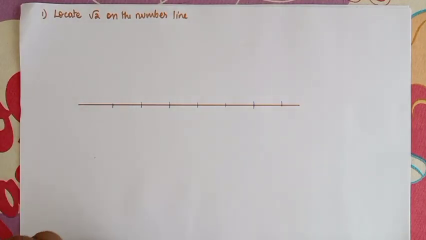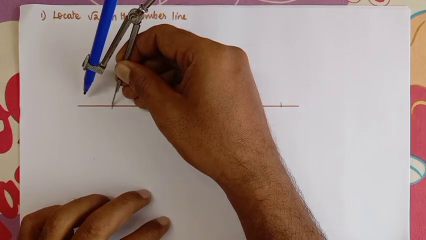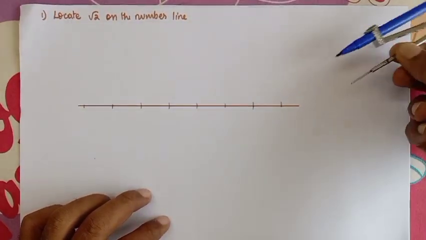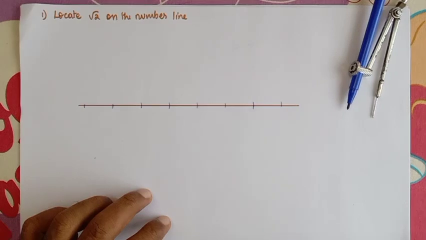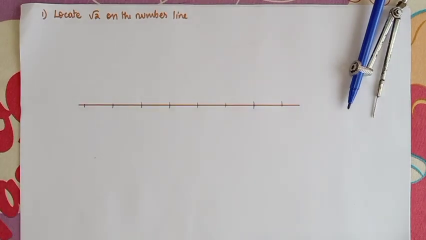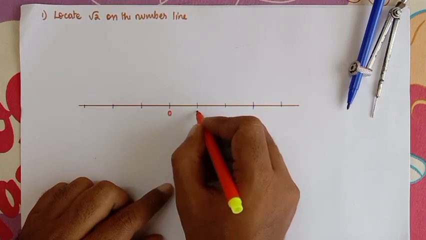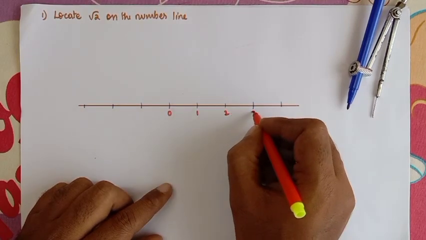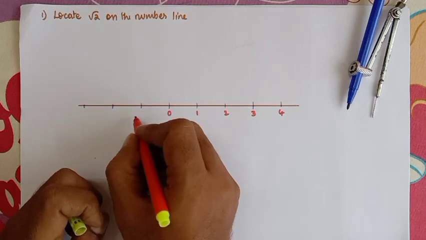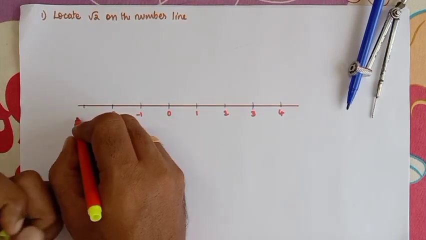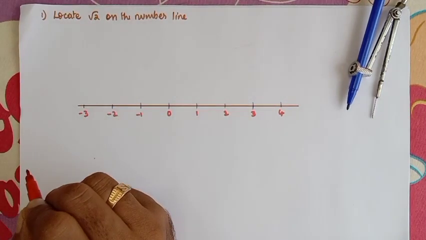This point has not appeared here, so from this point we will be cutting it as it is. I am not adjusting this one, I will keep it as it is here. And then afterwards I will name these points as 0, 1, 2, 3, 4, and here -1, -2, -3.